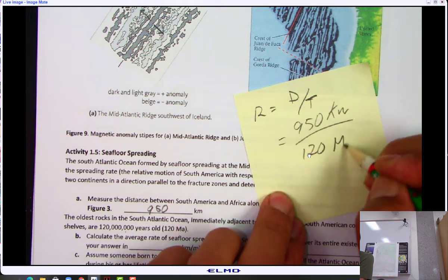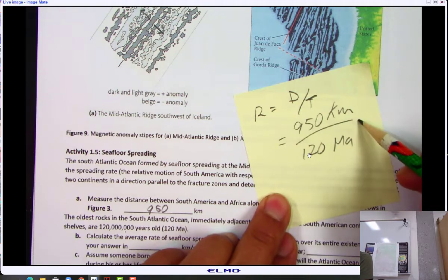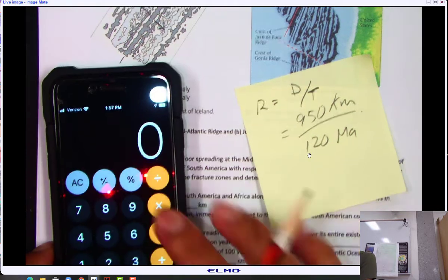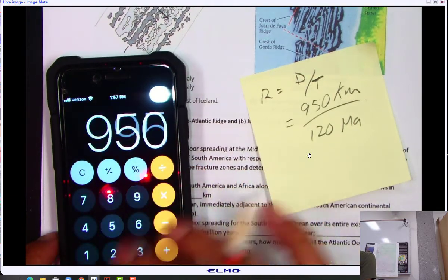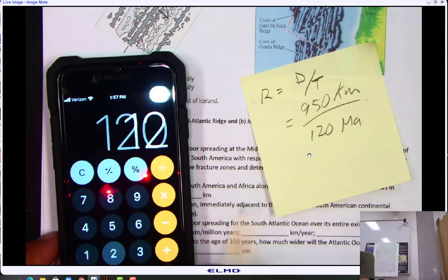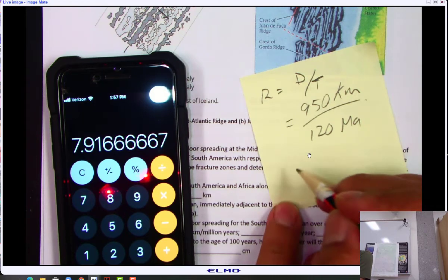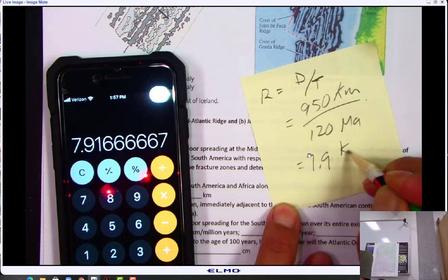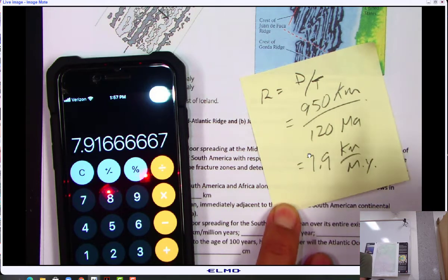So it's going to be kilometers per million year. That's the first option right here. If we take the 950 and divide it by the 120, we get 7.9. So we'll just make it 7.9 kilometers per million year. So every million year it moves about 7.9.